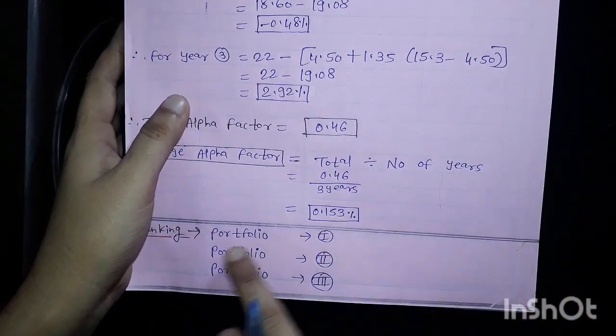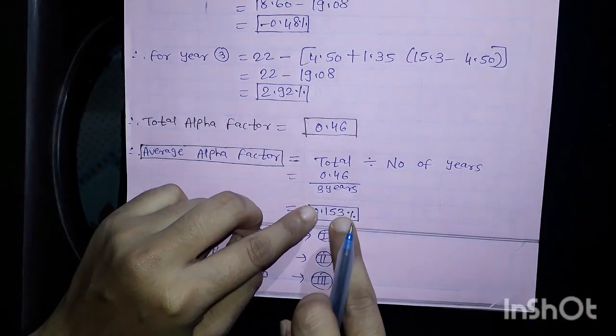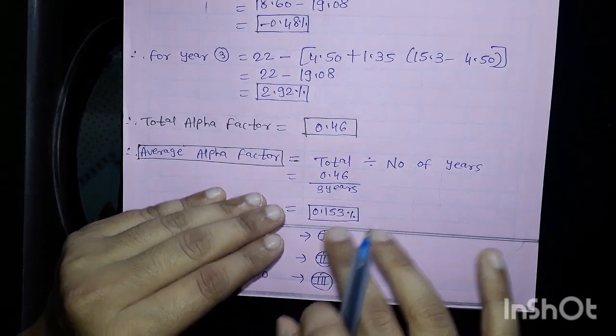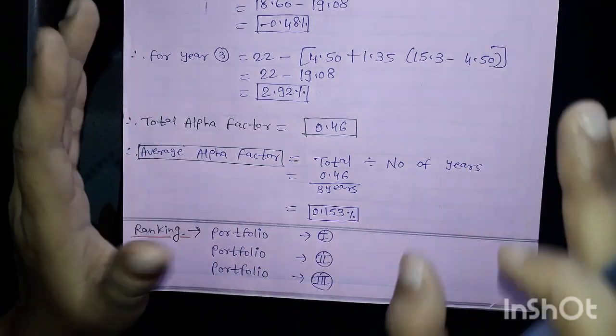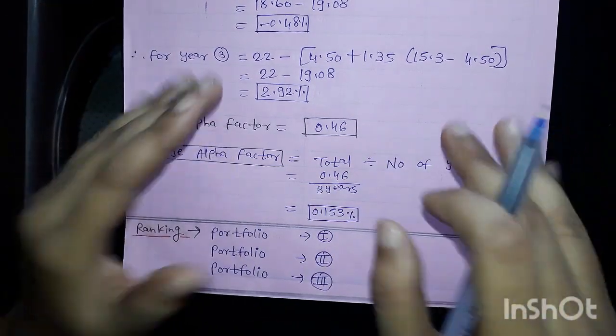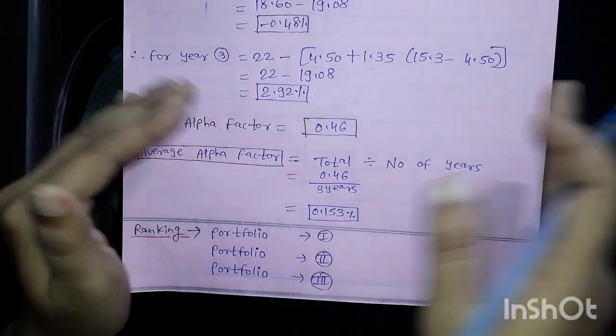Okay, so for ranking we will check this percentage, that is the final average alpha factor percentage, which means the portfolio which will give us more alpha factor will be placed at the first rank.